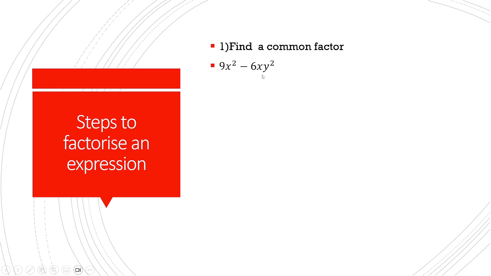That's the obvious one. We have to get that. But secondly, a common factor is a number that fits in both of these terms, or a letter that appears in both of these terms. So as I said, x appears here and x also appears here.